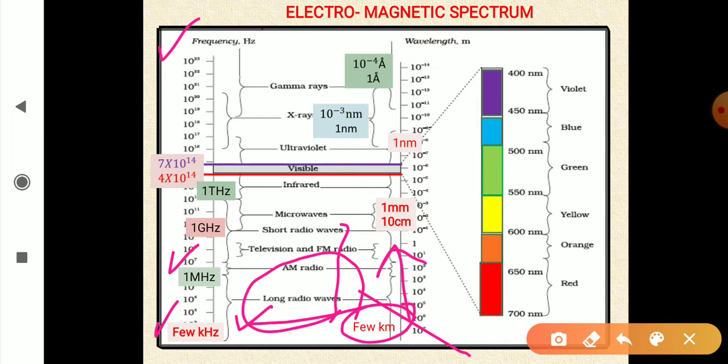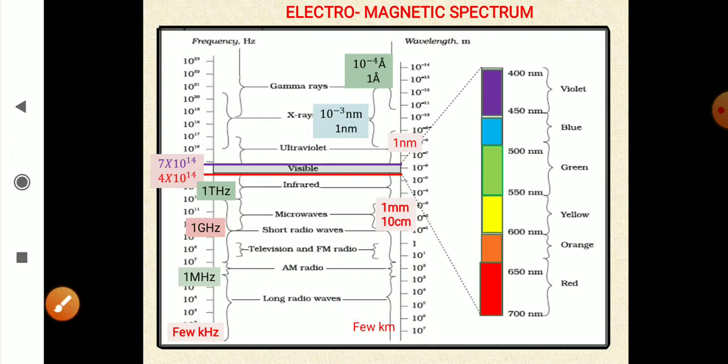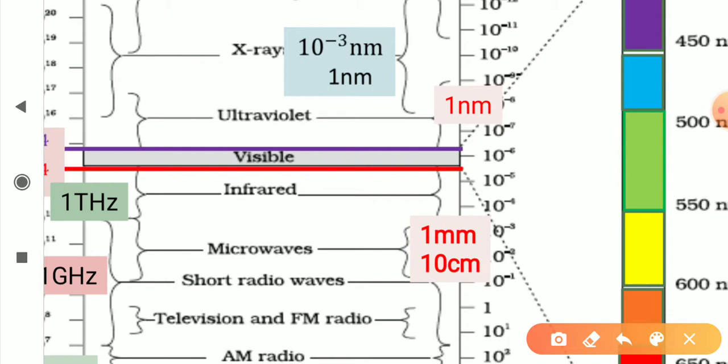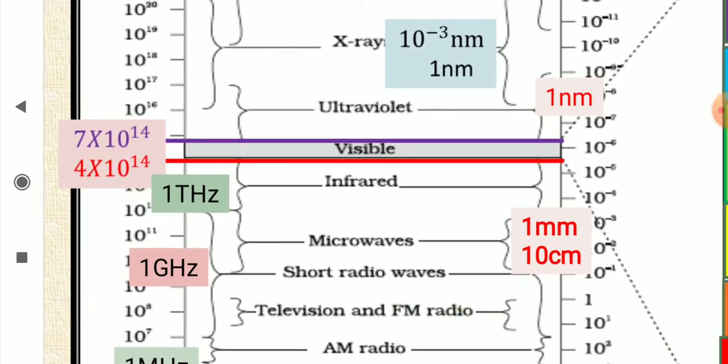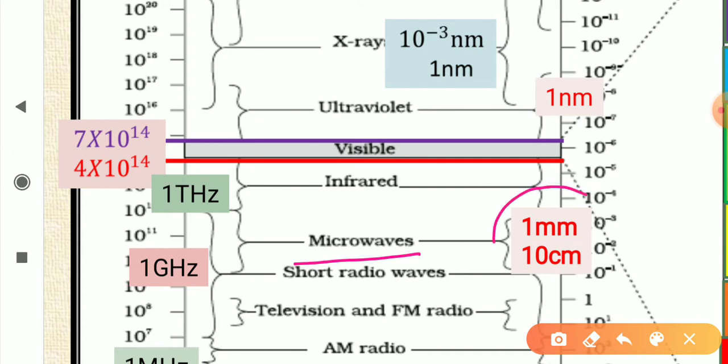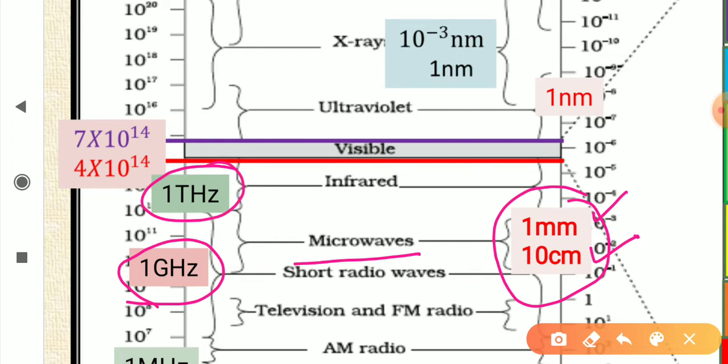After radio waves, as we move towards shorter waves, we get microwaves, and microwaves have a wavelength range extending from 1 millimeter to 10 centimeter, and the frequency extends from the order of 1 gigahertz, which is 10 raised to the power 9 hertz, up to 1 terahertz, which is of the order of 10 raised to the power 12 hertz.